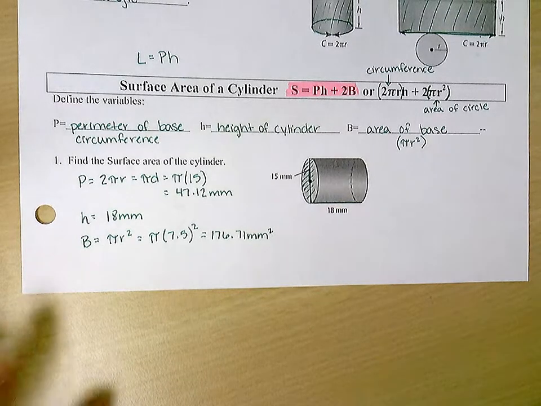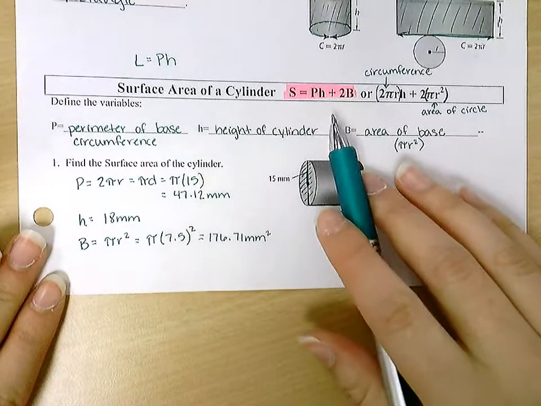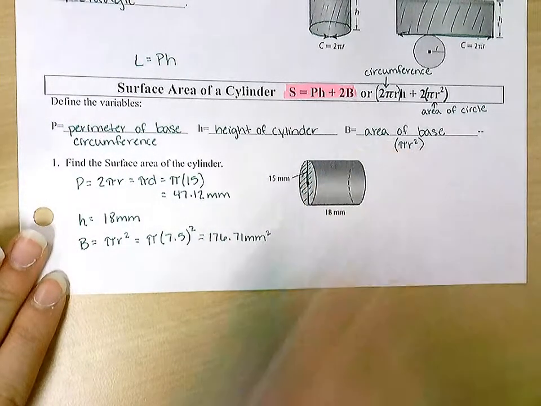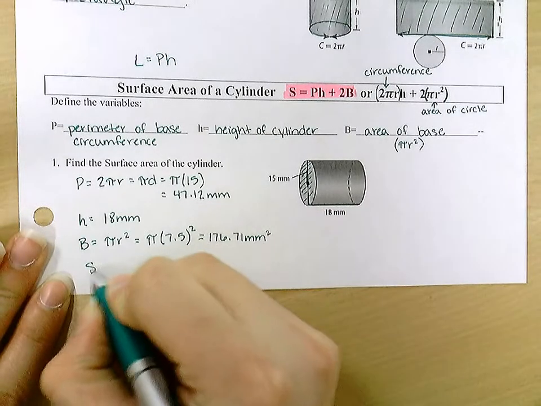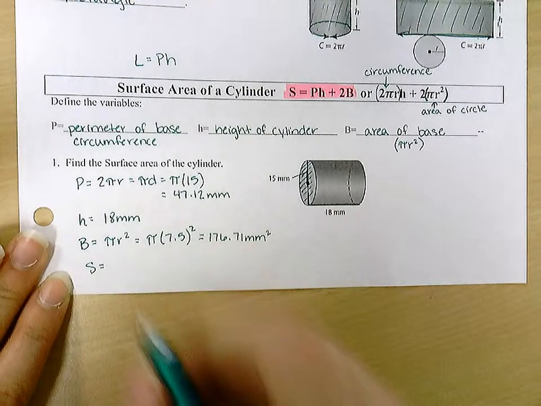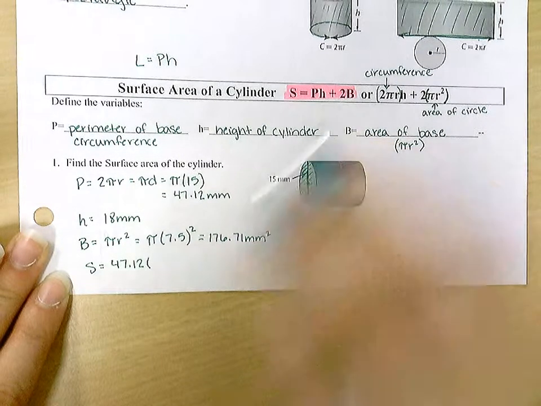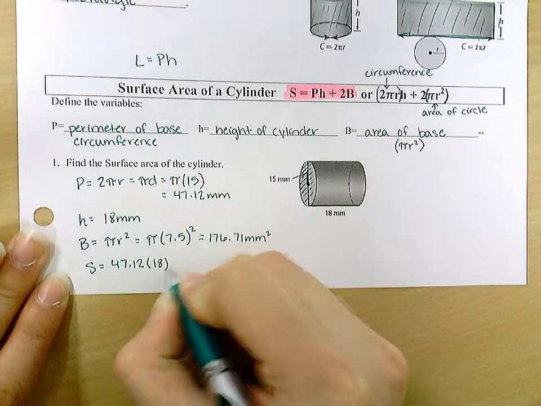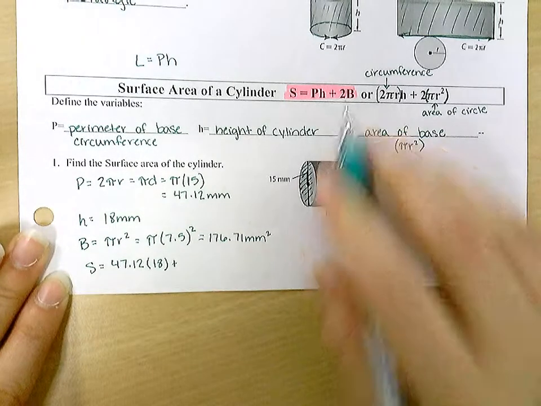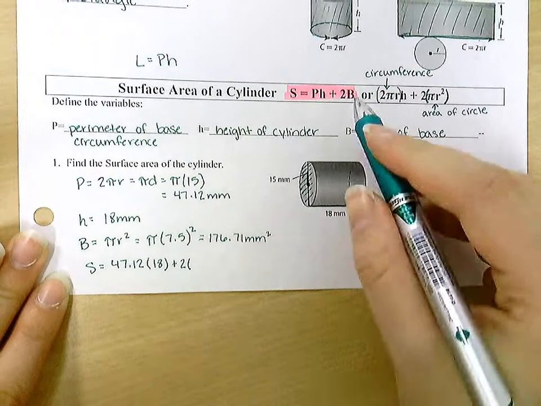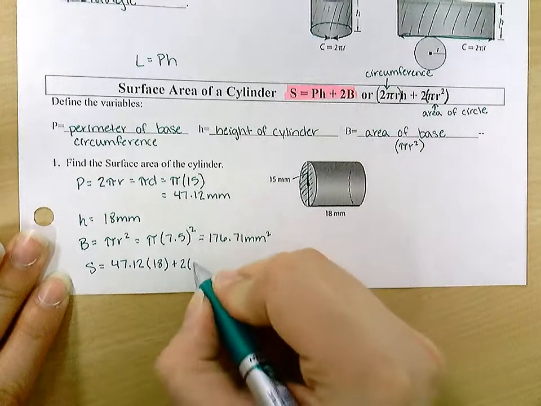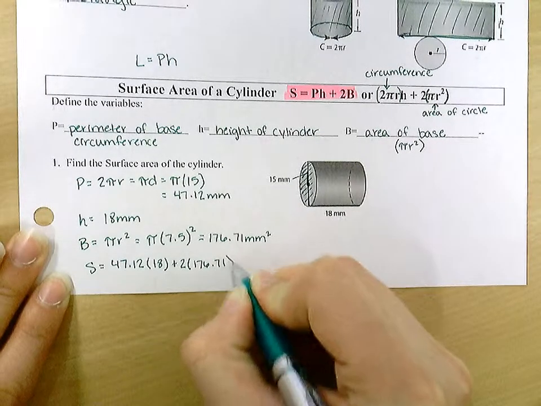Okay, so next I can find the surface area by plugging in each of my values into my formula. P is 47.12 times H is 18 plus 2 times B. B is 176.71.